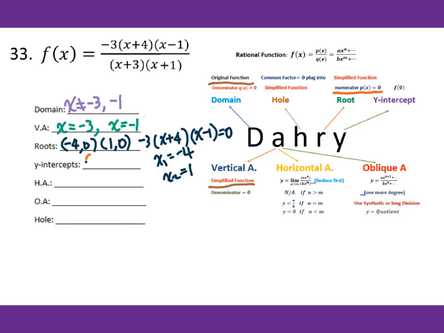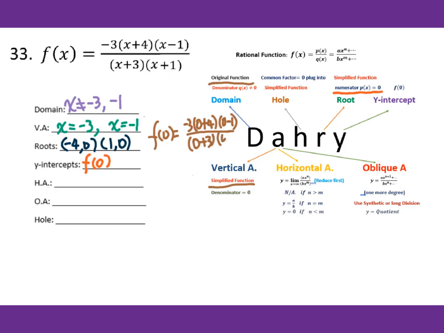For the y-intercept, just f of 0. So we plug in f of 0 equals. Put the 0 into this x: 0 plus 4 times 0 minus 1 over 0 plus 3 times 0 plus 1. You will get -12 times -1, that's +12, over 3 equals 4.